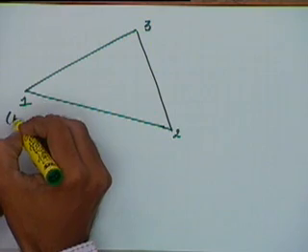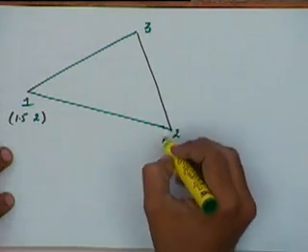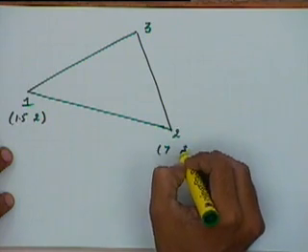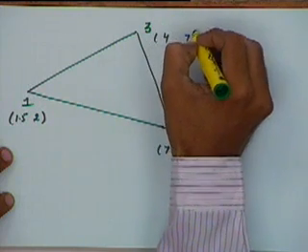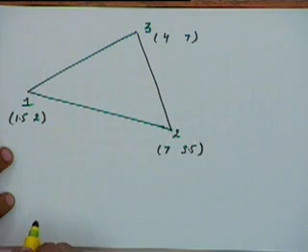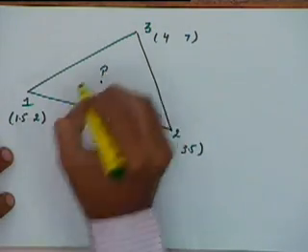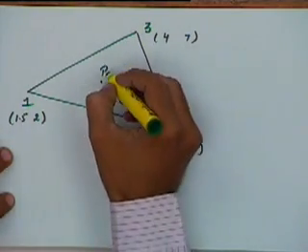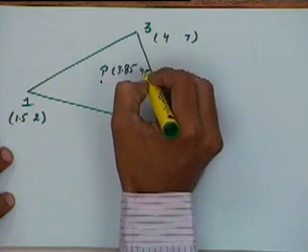Let's say the coordinates of this point are 1.5, 2. The coordinates of this point are 7, 3.5. The coordinates of this point are 4 and 7. And at some point here, P, the xy values are given by 3.85, 4.8.